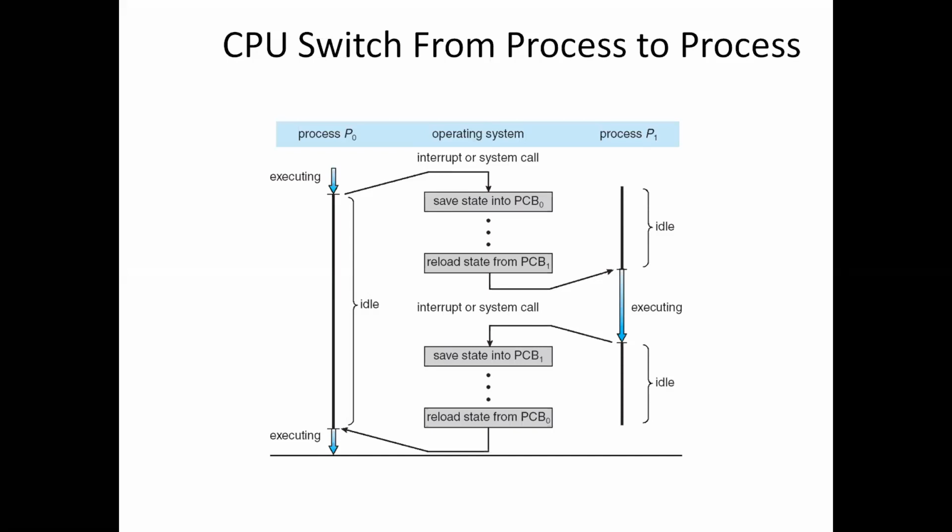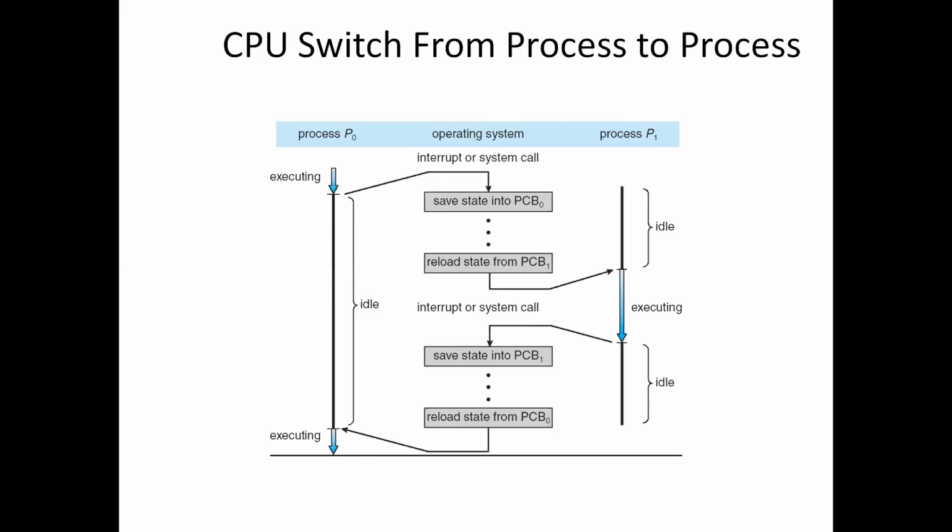It is the way the CPU switches from one process to another. When an interrupt occurs, the system needs to save the current context of the process running on the CPU, and the context is represented in the process control block of that process. The state of the process will be stored in that process control block.